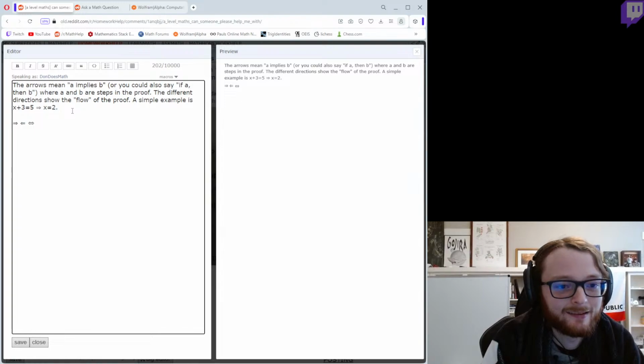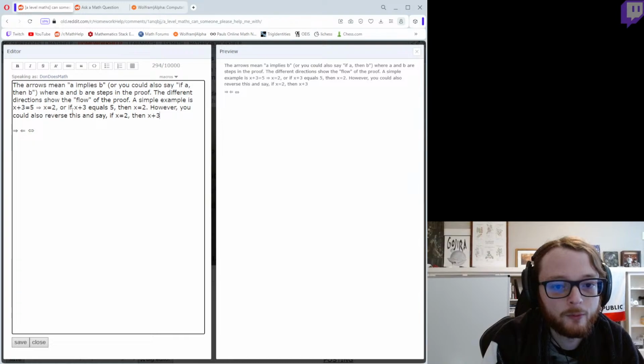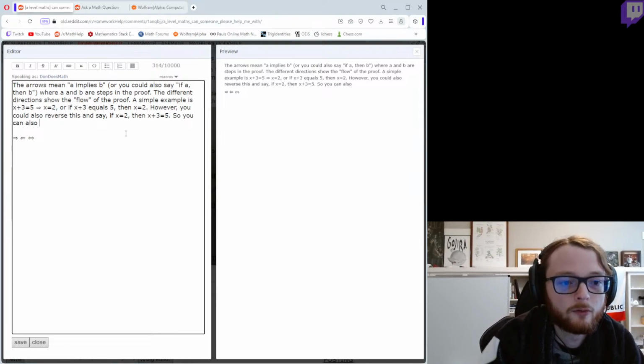If x plus 3 equals 5, then x equals 2. However, you could also reverse this and say if x equals 2, then x plus 3 equals 5.